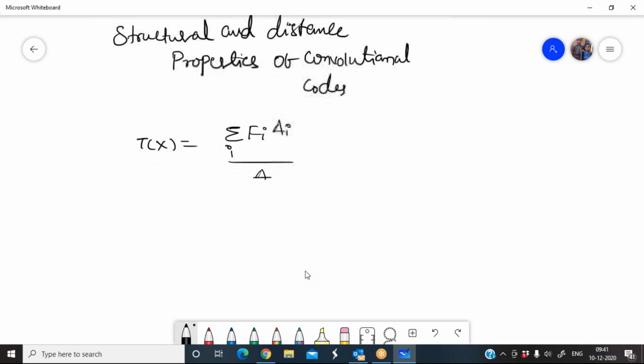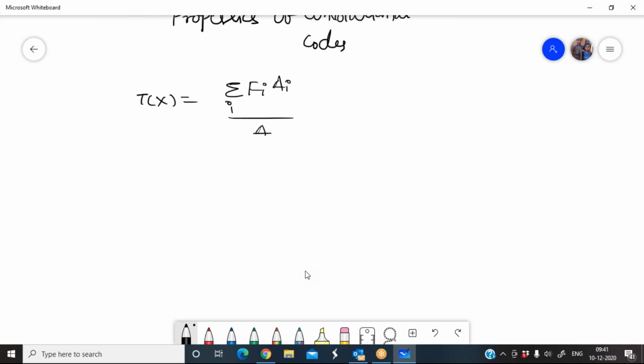Okay, right. Now continuation of the last class. Up to this, this is the formula for the modified state diagram. Now I want to go for the augmented state diagram.